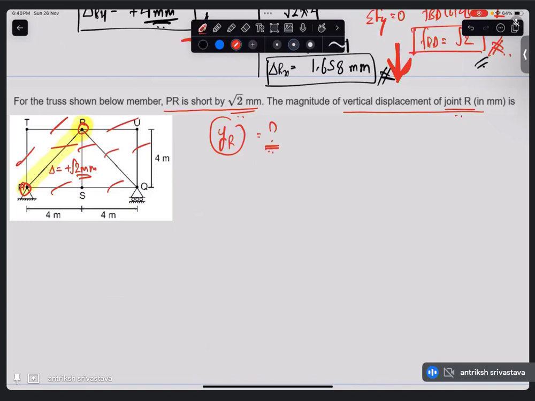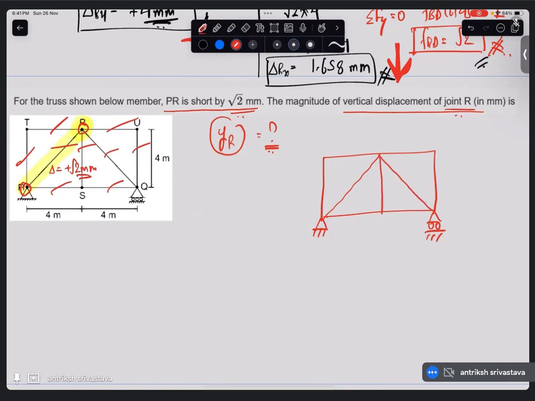What do we know from our experience? If we want to identify any displacement in a truss, we have to put a unit force in the required direction and then identify the force in other members with respect to that force.